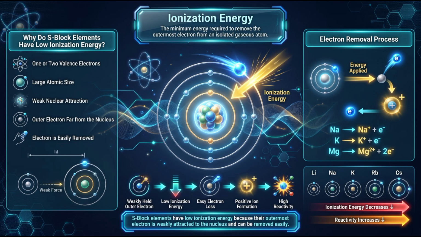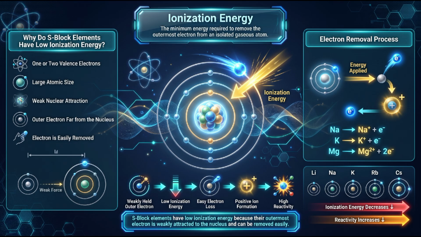The image also points out that S-block elements have a large atomic size. As we move down Group 1 and Group 2, every new element gains an additional electron shell. Each extra shell increases the distance between the nucleus and the outermost electron.